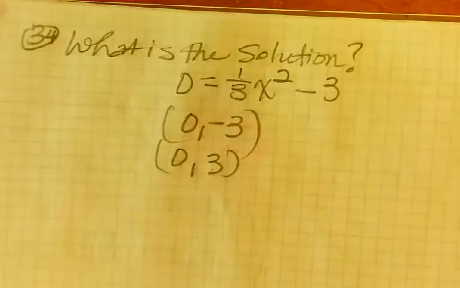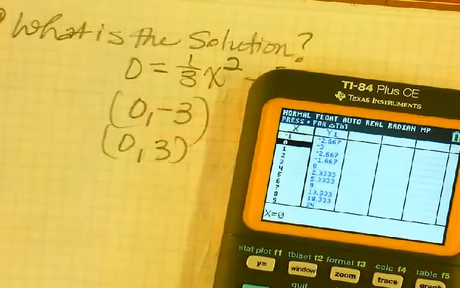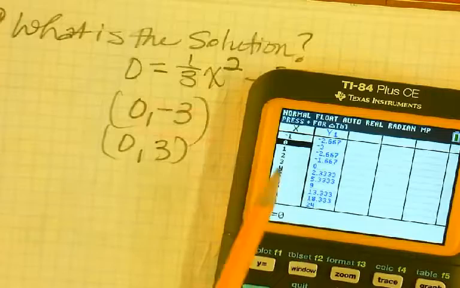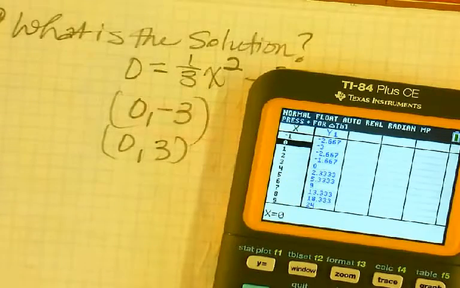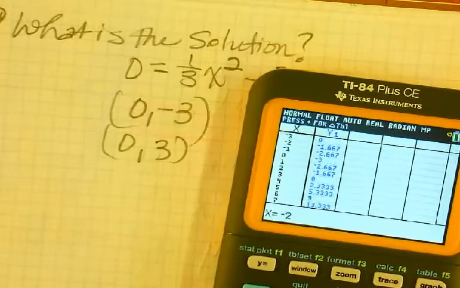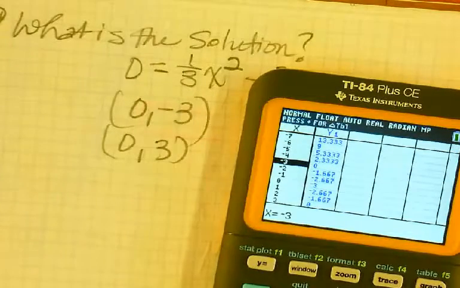You can go back real quick. Yeah, you see where it says that I have 0, -3? And then I have 0, +3? Oh, there we go. You're right. So you want me to do -3, 0.